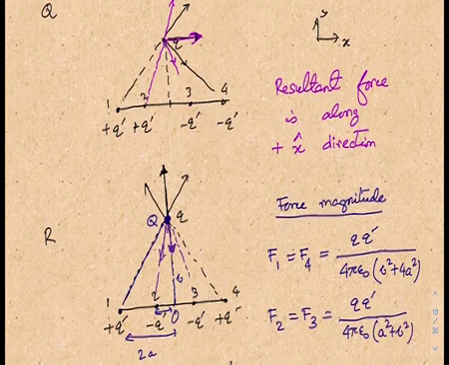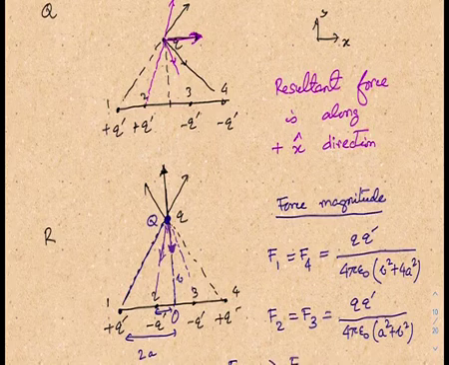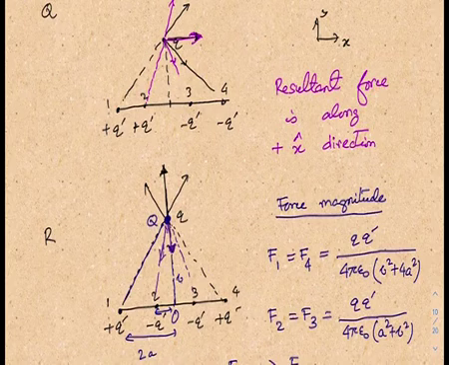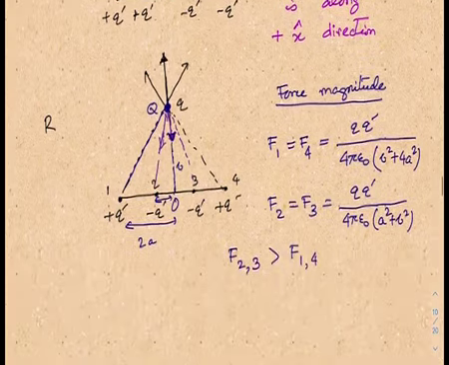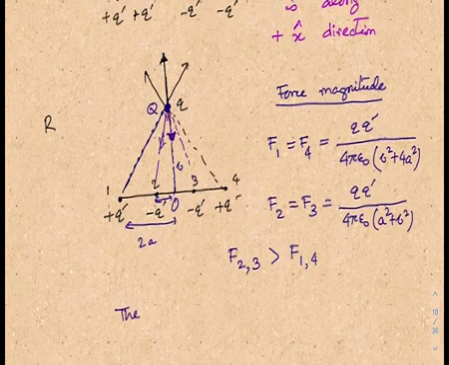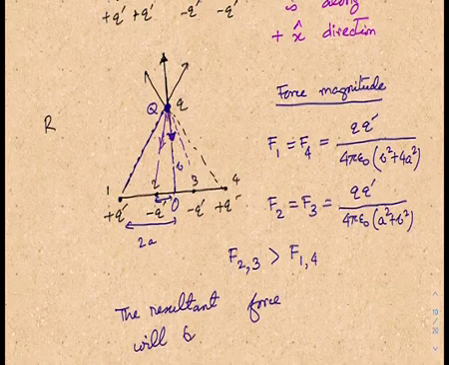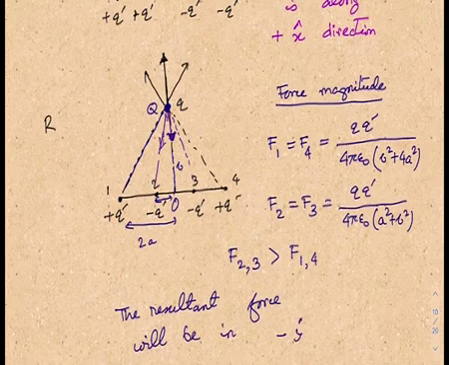So it's very clear that the force at 2 and 3 would be greater than the force at 1 and 4. Therefore the downward force due to 2 and 3 would be greater, so in this case the resultant force will be in the negative y direction.